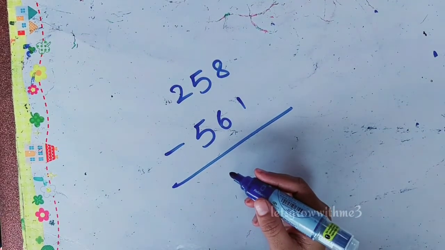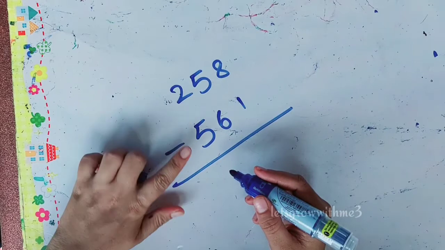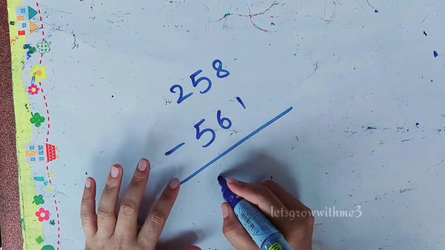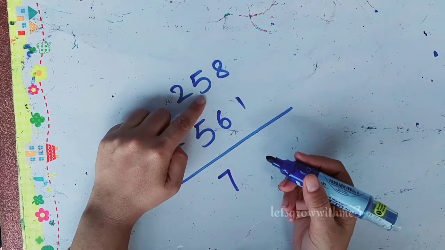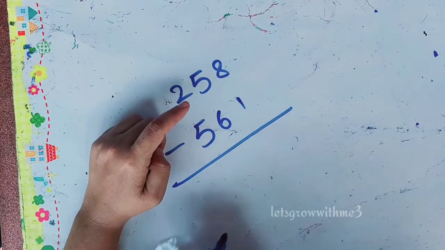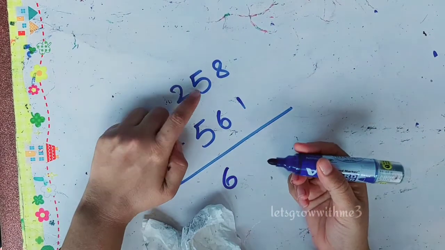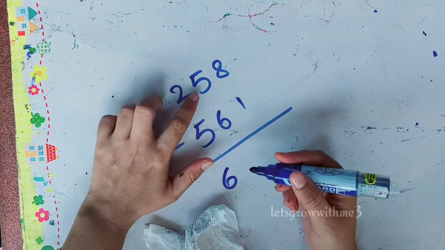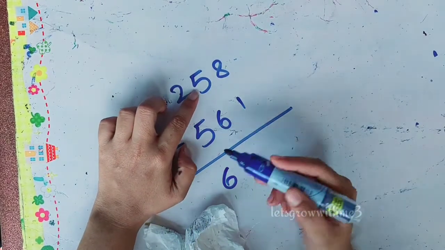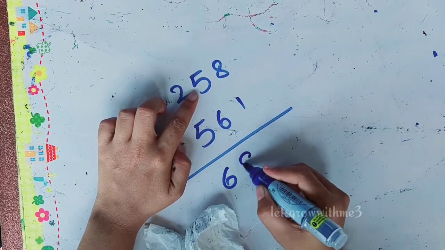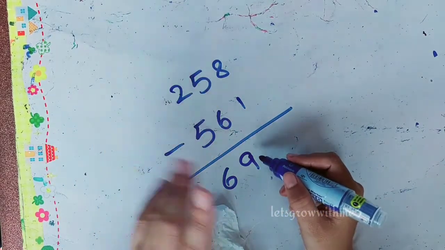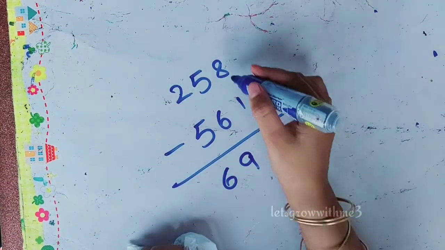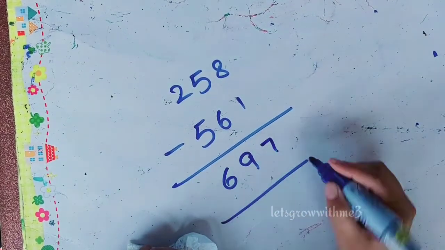You can't subtract, so you need to add the complement numbers. 2 plus 5, for 5 the complement is 5, and 7. Okay, so here we have a borrow combination, then we need to reduce 7 as 6. Okay, then 5 plus the complement of 6, which is 4. Then 5 plus 4 is 9, but before we write 9 we need to check, okay, it's a normal combination, then we can write it as it is, 9, and then 8 minus 1 is 7.